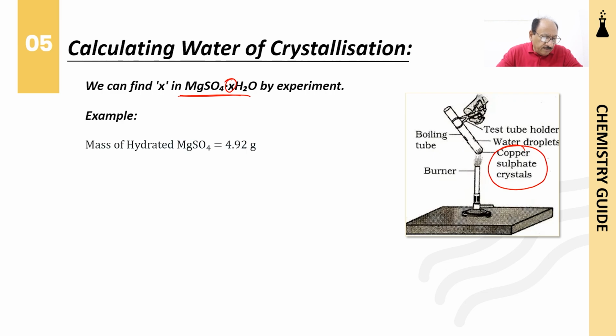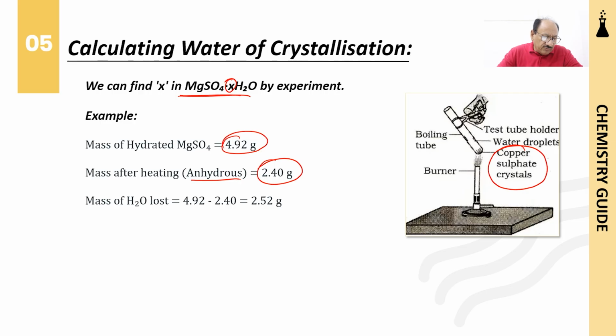We take the mass of hydrated salt, for example, 4.92 grams. After heating and removing water, the anhydrous mass is 2.40 grams, and we can calculate the loss of water, which is 4.92 minus 2.40, so water is 2.52 grams.